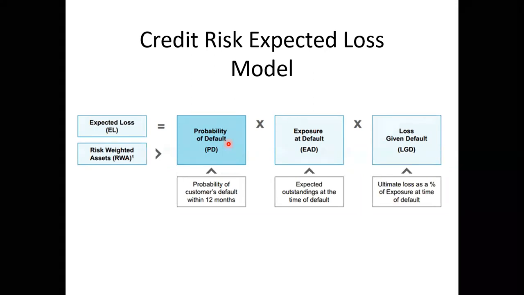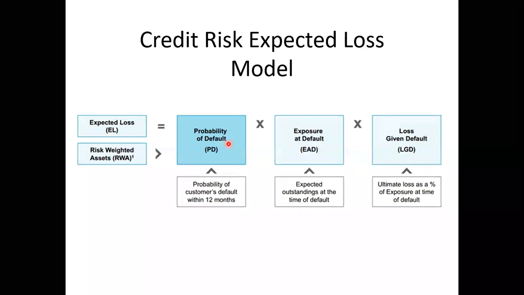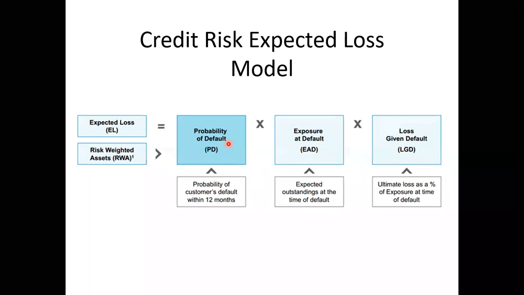Into exposure at default. What is the damage at the time of default? The expected outstanding at time of default. And into loss given default, the ultimate loss as a percentage of exposure at default.